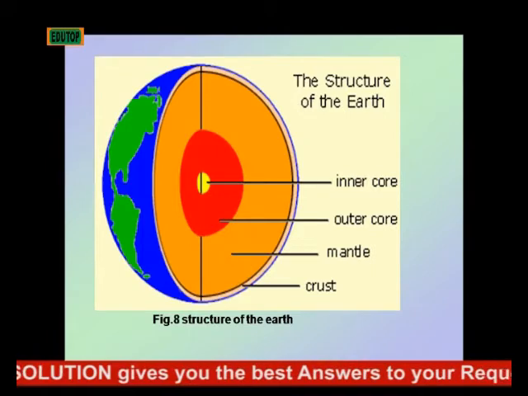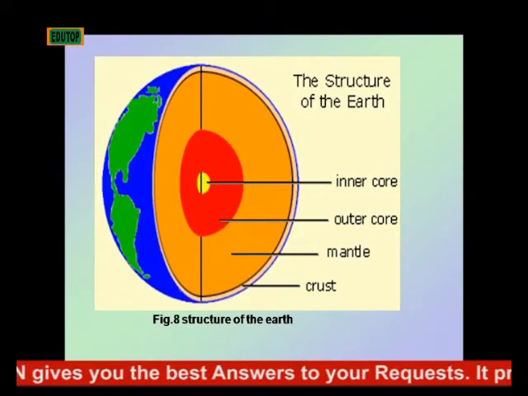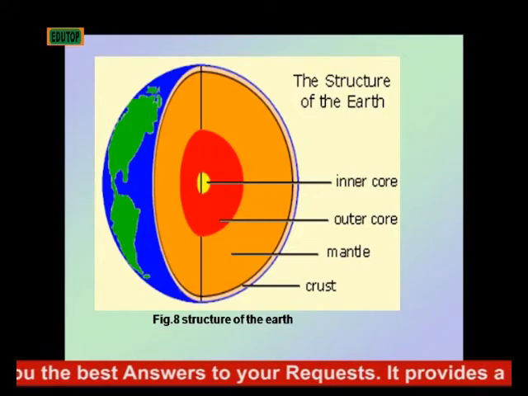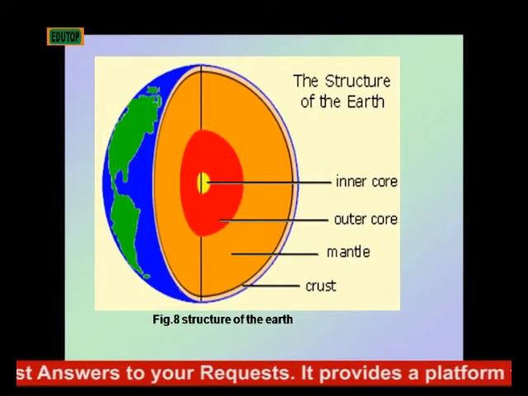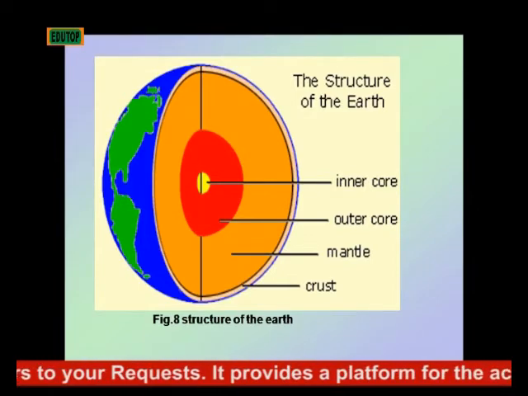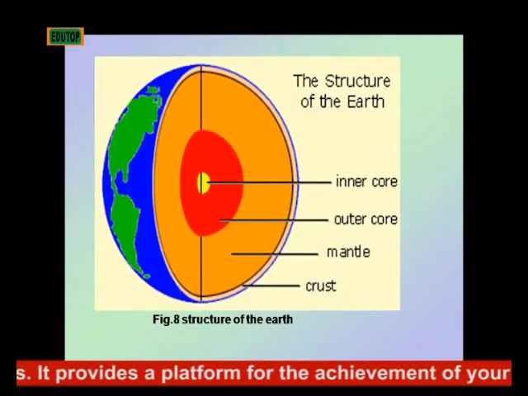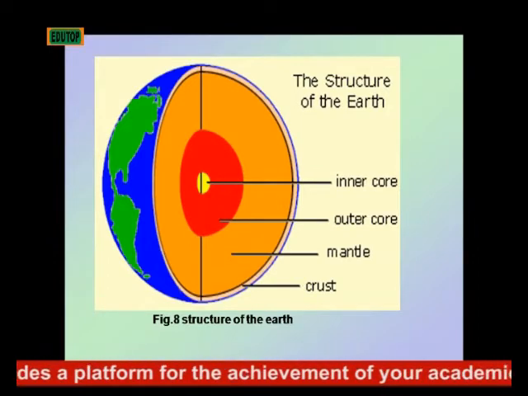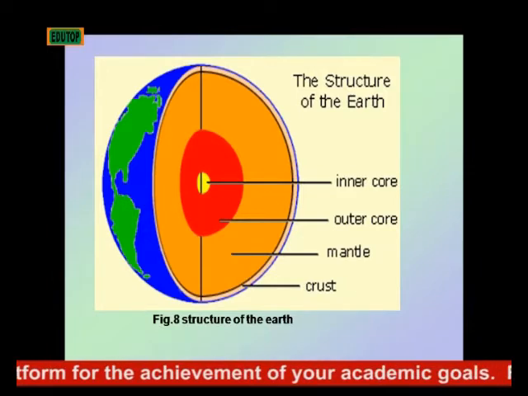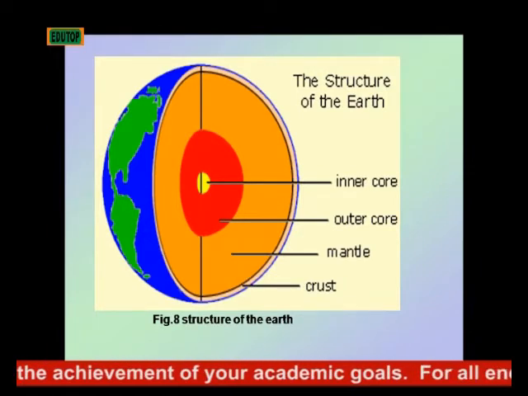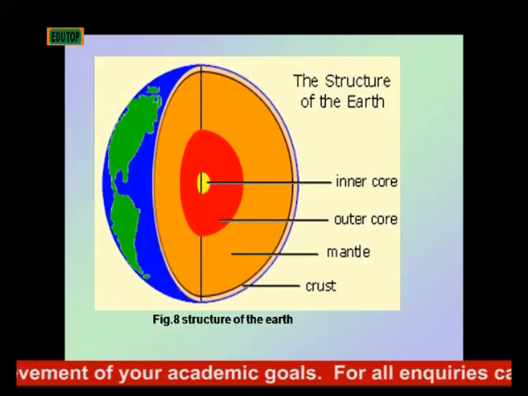Now this is the structure of the earth. It's how it looks like. You can see the inner part of the earth and the outer part of the earth. The inner core, the outer core, and of course the mantle and the crust, which is the outer portion of the earth.